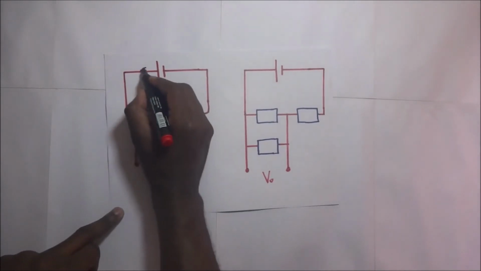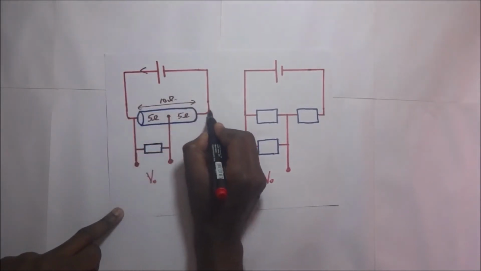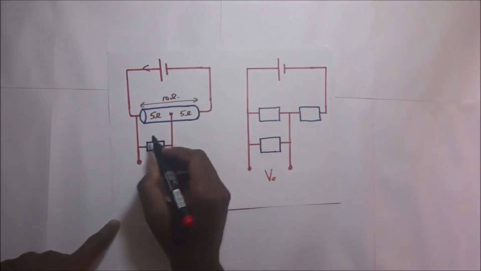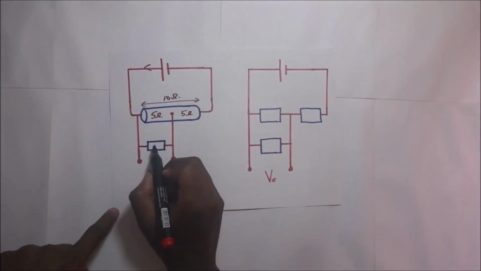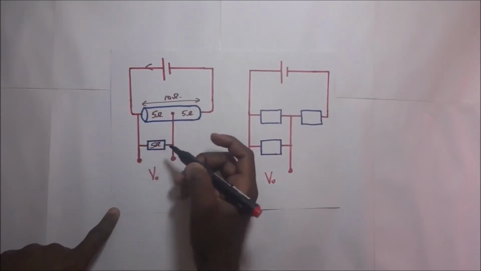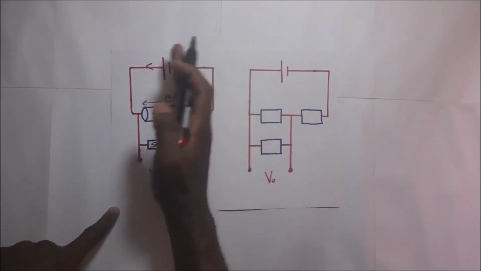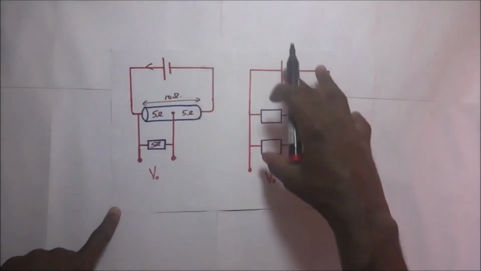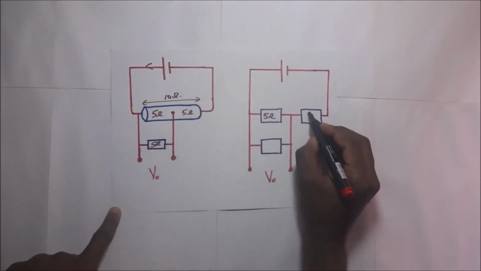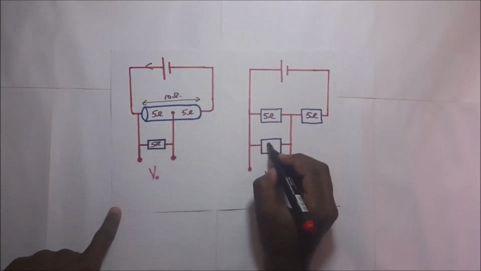As current flows through the whole slide wire, we decide to tap it off and load it. We put a load here, let's say 5 ohms still. Remodeling this diagram is the same as drawing it like this: here we have 5 ohms, then the other 5 ohms is right there, and that is 5 ohms.